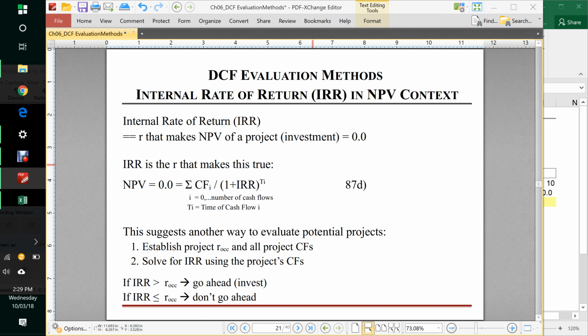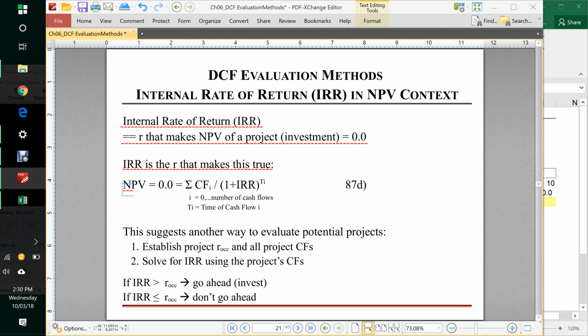The internal rate of return, as we know, we've looked at before. The IRR is what's used very often by lenders to evaluate projects. But in terms of NPV, the internal rate of return is defined to be the interest rate or discount rate that makes the NPV of a project equal to 0, i.e., the IRR is the R that makes this true.